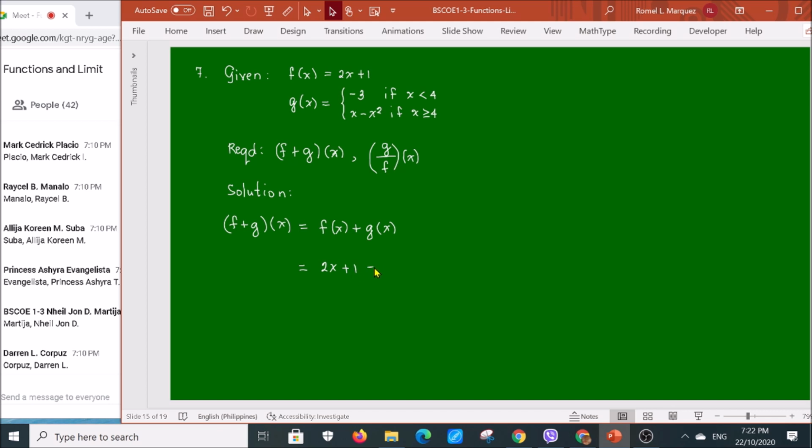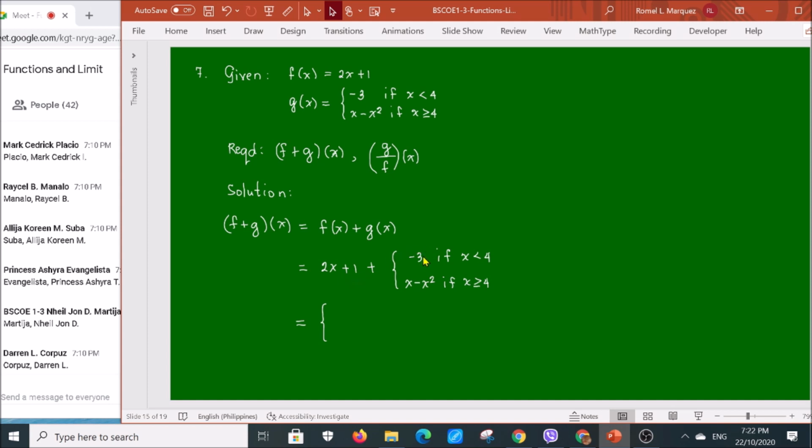But g of x is a piecewise function given by negative 3 if x is less than 4, and it is equal to x minus x squared if x is greater than or equal to 4. Okay? So, we now combine piecewisely.